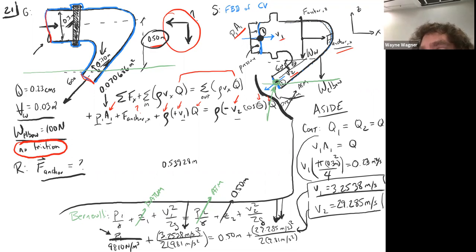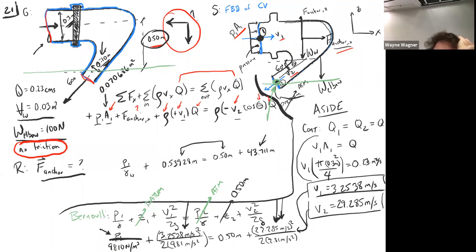That's meters, equals 0.50 meters plus 29.285 squared divided by 19.62 equals 43.711 meters. Okay, P1 over gamma plus. Okay, and this is gamma of the water. Okay, so you can see this is the dominant term. Okay, these two almost cancel each other out. So basically the velocity head that comes in.